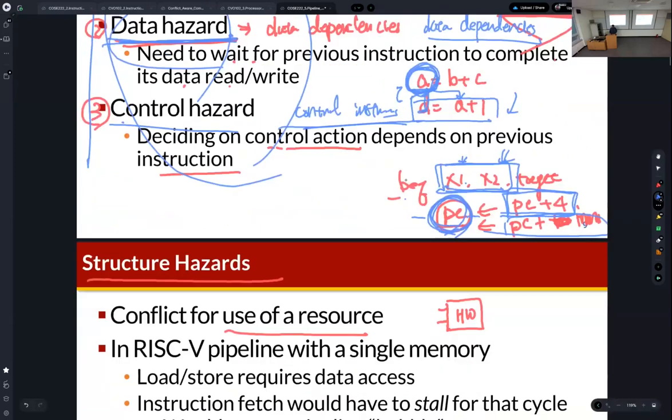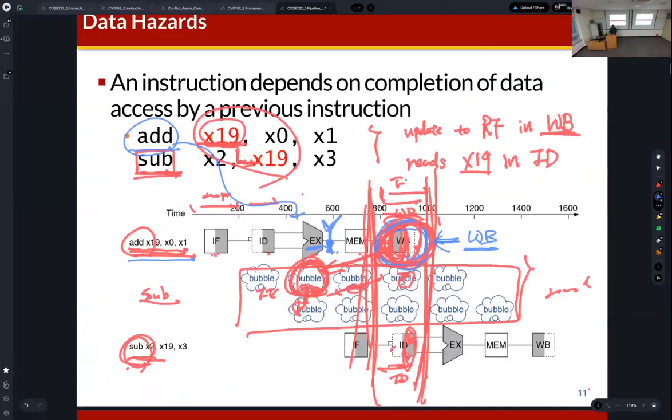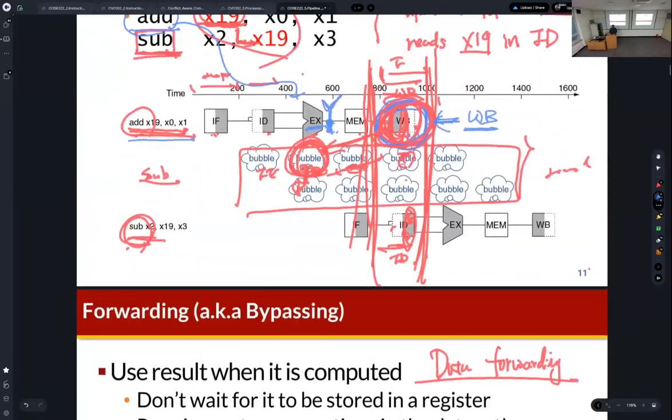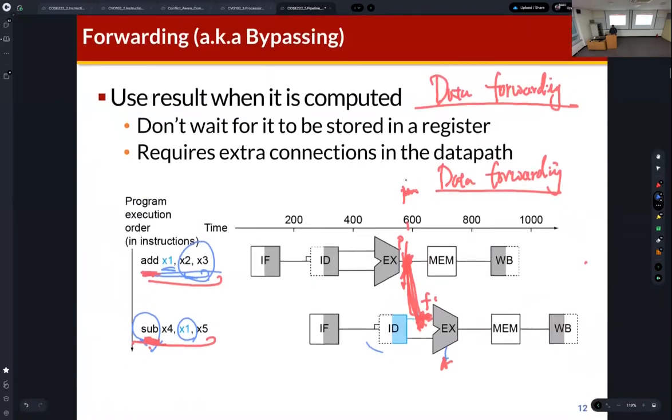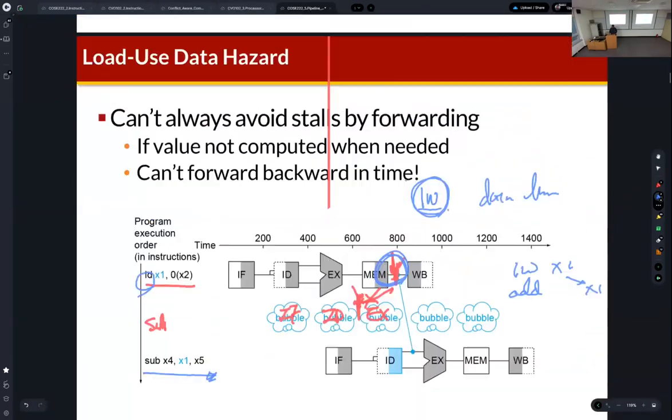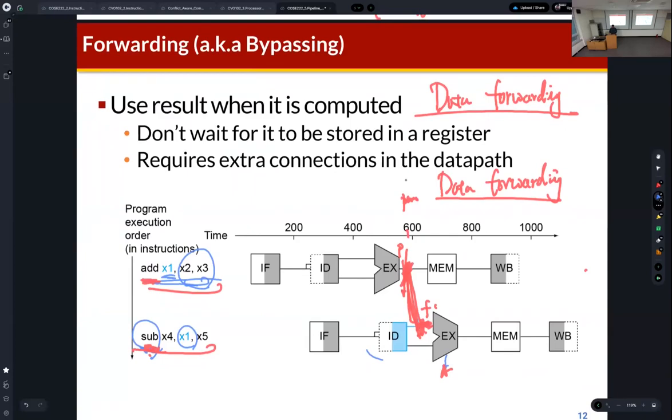If you watch the posted video, then you can find some examples of a hazard.